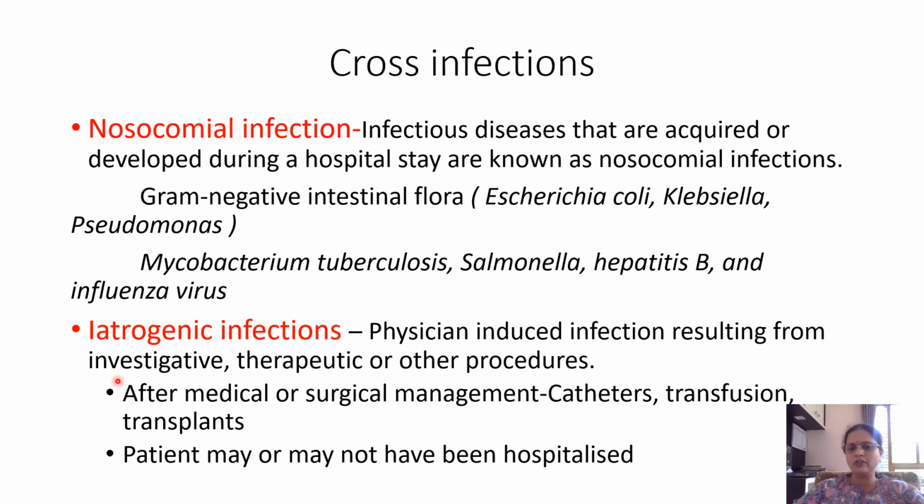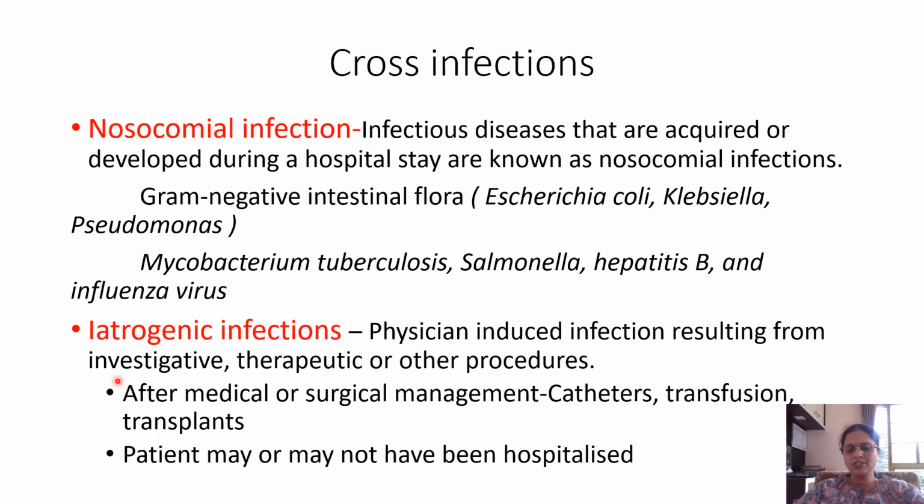So because of all these procedures, where items are continuously used after sterilization, and if the sterilization procedure is not done properly, infection can be transmitted through these equipments also, and even from the physician hands.